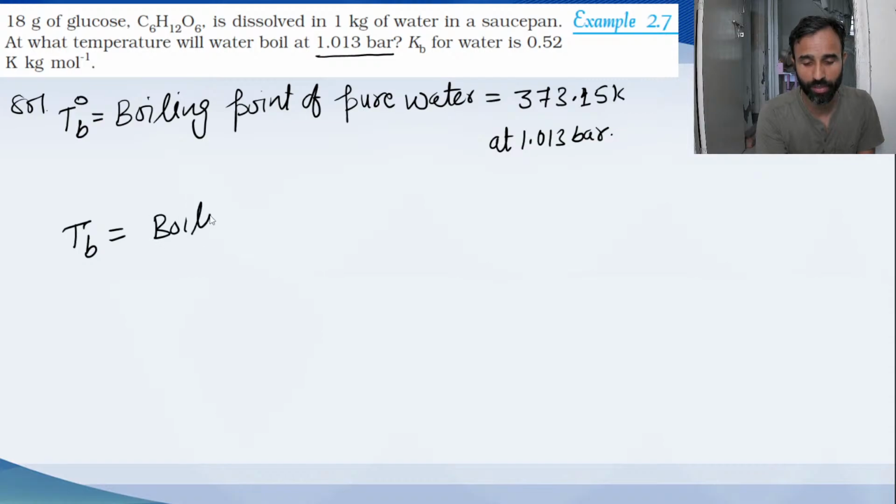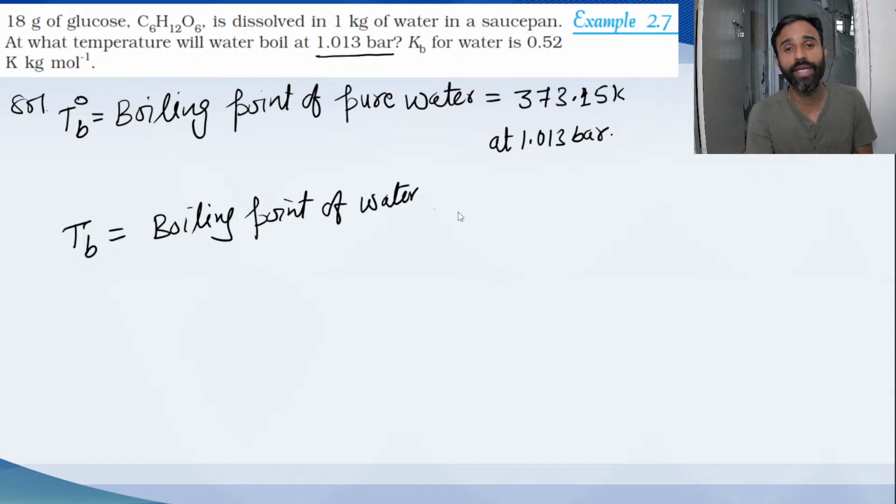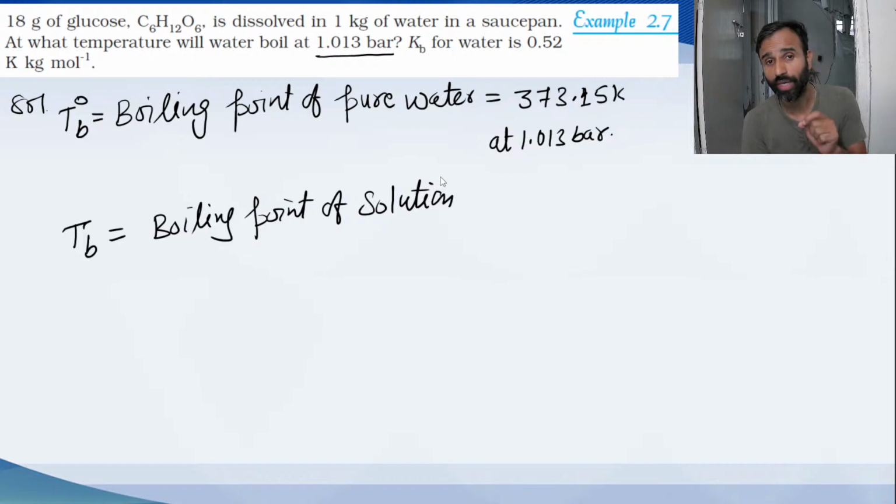We have to calculate TB, that is the boiling point of water in solution, or the boiling point of the solution when 18 gram of glucose is added in 1 kg of water at 1.013 bar. TB is the boiling point of the solution, and T naught B is the boiling point of water.